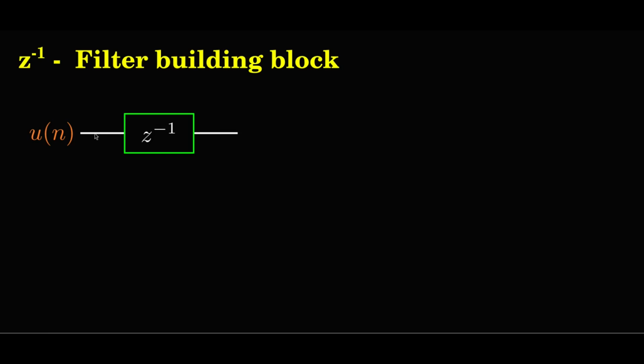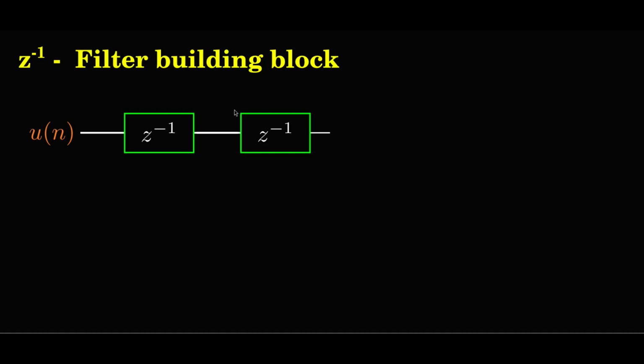At the kT time interval, whatever the value of u is available here, what is available here is one sample time before, u of (k minus 1)T. So keep that in mind.